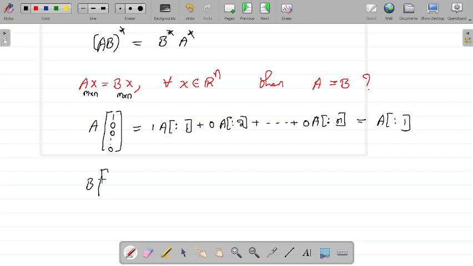This is what I can say: the third row of AB is the same as A3 times B, and you can replace this A3 with 2 times the first row minus 3 times the second row, multiplied with B.